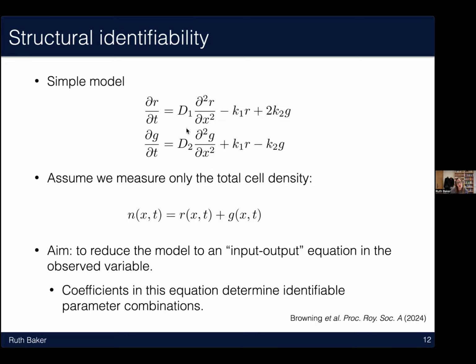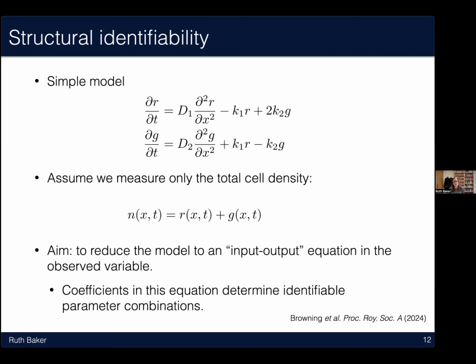Here I've got both species diffusing, and then a very, very simple model of the cell cycle where my red cells, as they progress through the cell cycle, turn into green cells. And once my green cells reach the end of the cell cycle, they divide to give me 2 red cells back again.